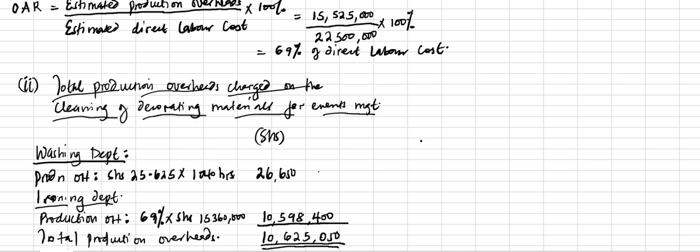Over or under absorbed overheads. Remember, they have said for the two departments and then for the company as a whole. So what I will do, I have to show the departments.